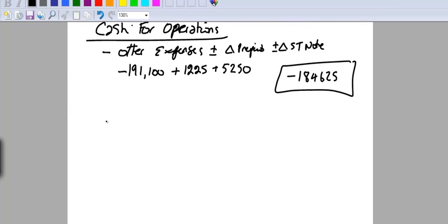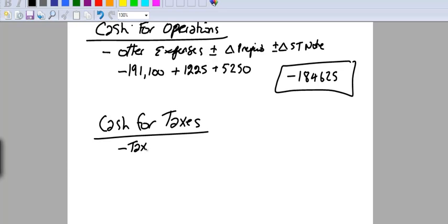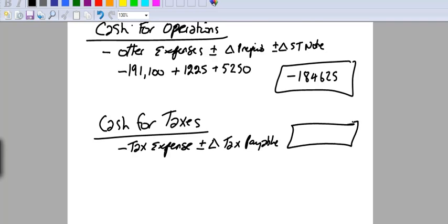Last section, this is going to be cash for taxes. The cash for taxes are going to be my tax expense plus or minus any change in tax payable. There was no tax payable, so I look at my tax expense and it's minus 16,975.